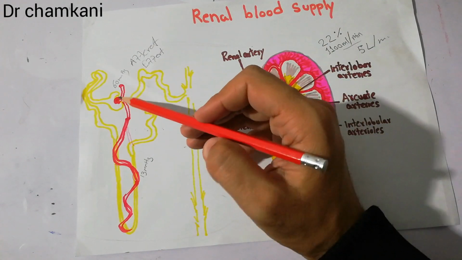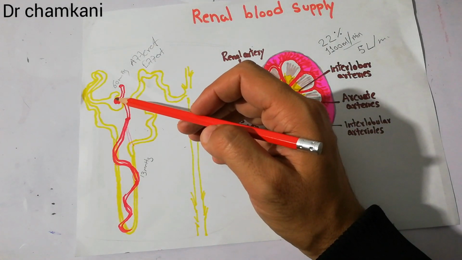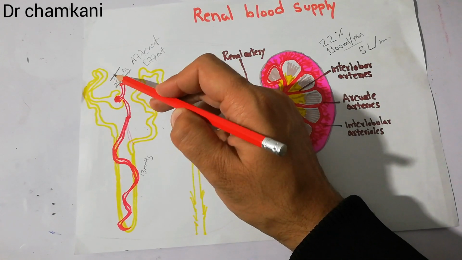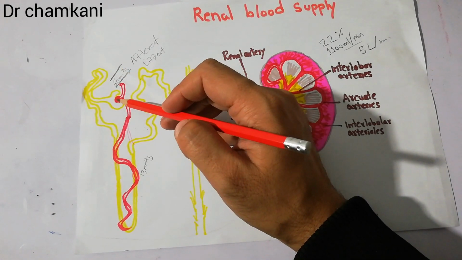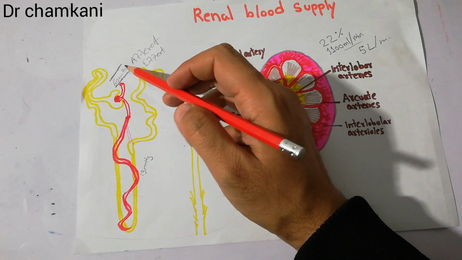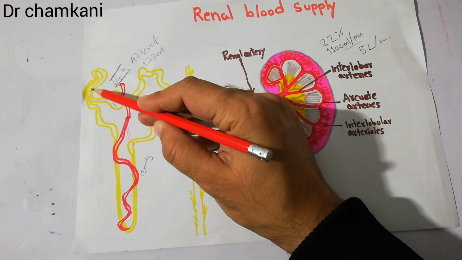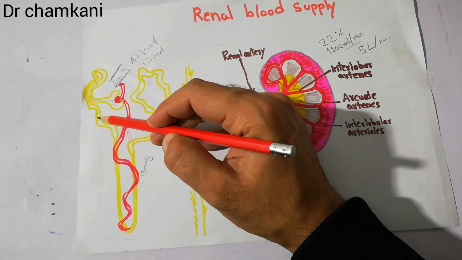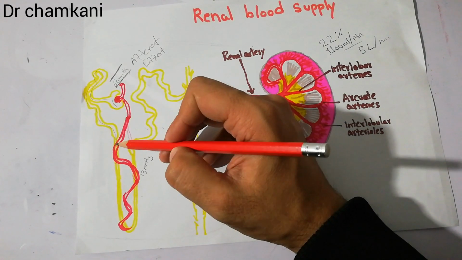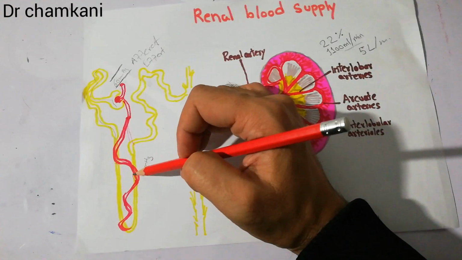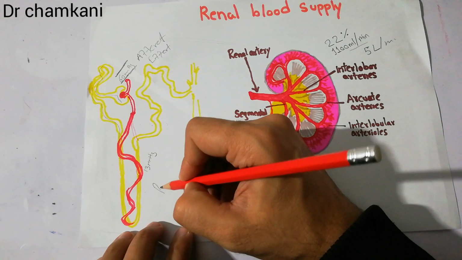Now the hydrostatic pressure at the level of the glomerulus is around 60 millimeters of mercury. So the hydrostatic pressure here is very high. With this pressure, the plasma is filtered, and that filtrate keeps on moving through these tubules, and the nutrients in these tubules are then absorbed in the peritubular capillaries.